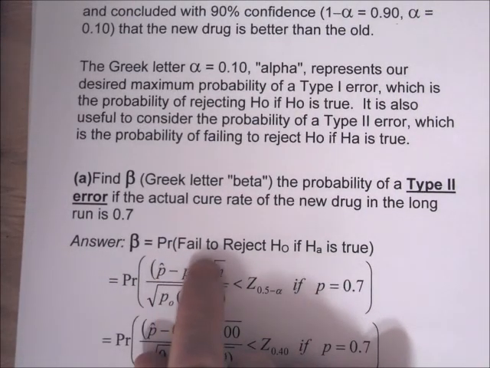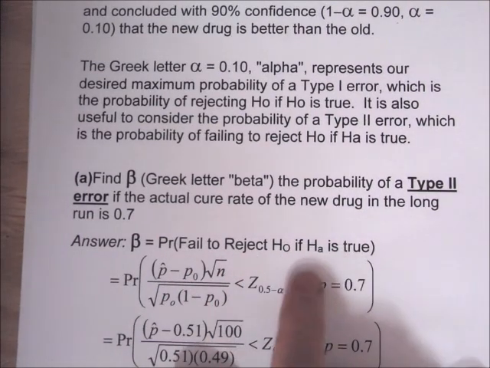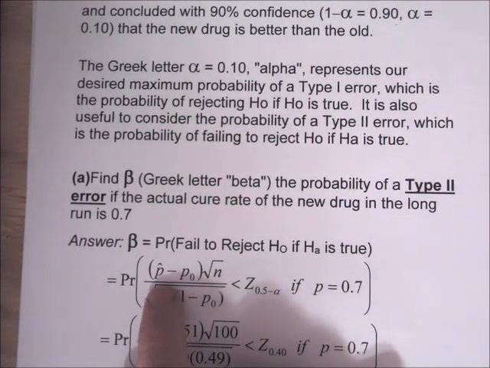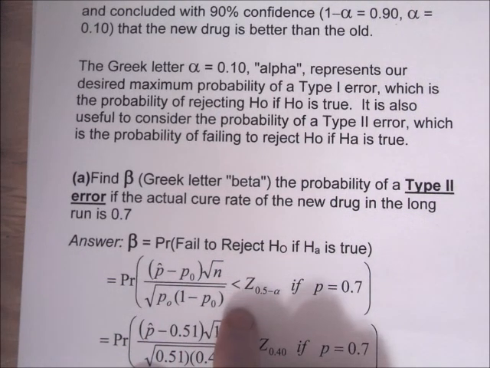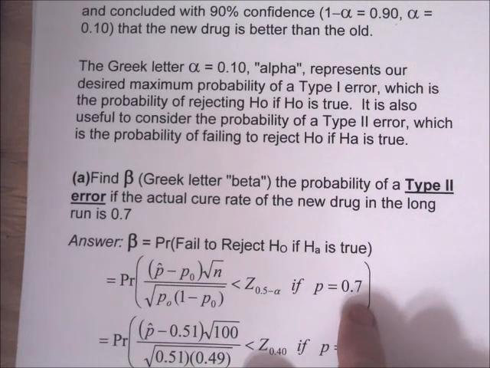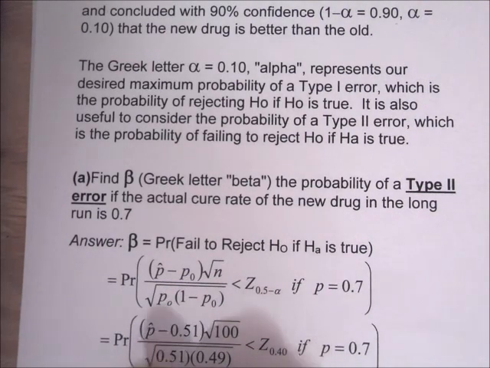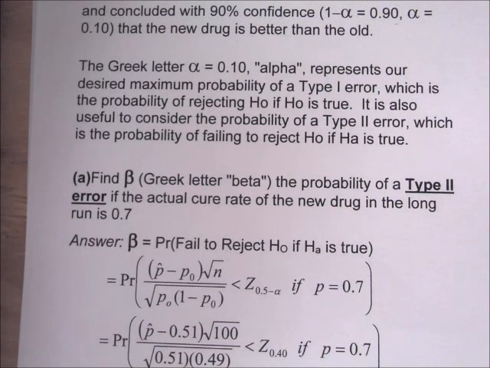So beta, the probability of type 2 error, is the probability of failing to reject H naught if HA is true. And that would happen if p hat minus p0 times square root of n over p0 times 1 minus p0 is less than z 0.5 minus alpha, if p is actually equal to 0.7. If we plug in the numbers, we don't want to put in a number for p hat because p hat varies from one sample to another, and we're going to treat p hat here as a variable.